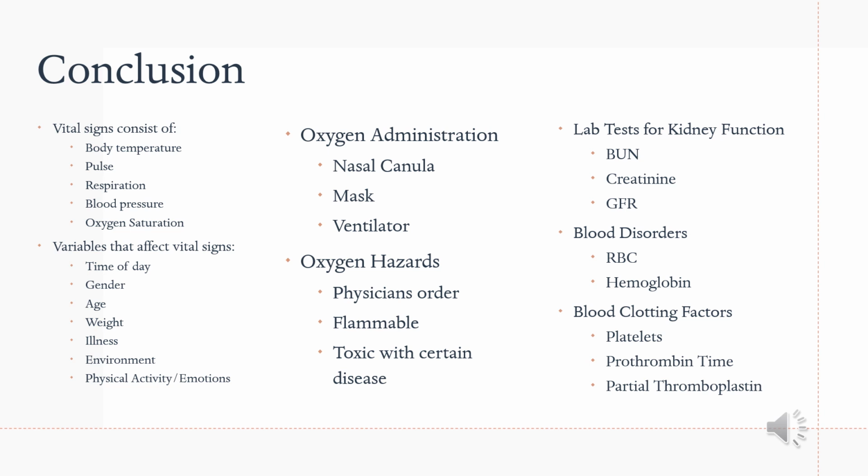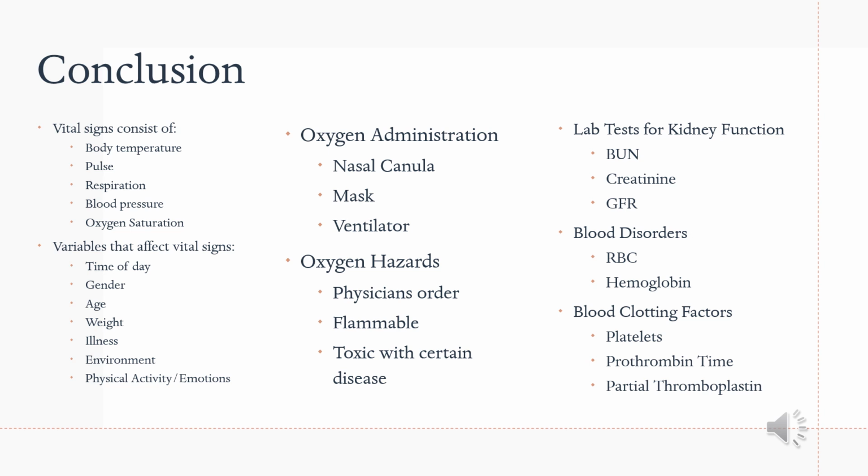Oxygen administration can be performed using a nasal cannula, a face mask, catheters, as well as a ventilator. Oxygen can be hazardous. It must be ordered by a physician. It is flammable, and it can be toxic in patients with certain diseases.